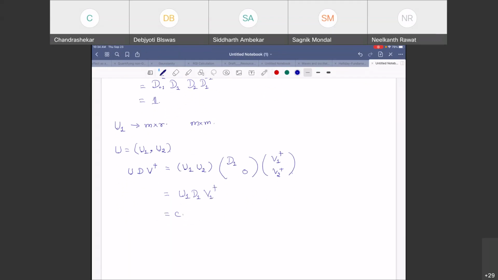So we have proved that C is equal to U D V dagger.